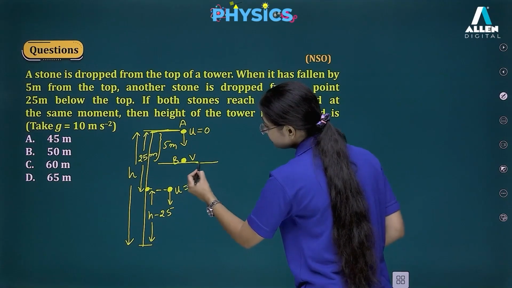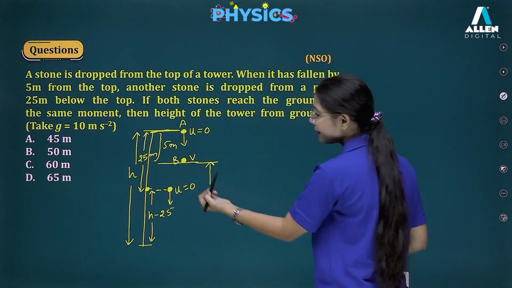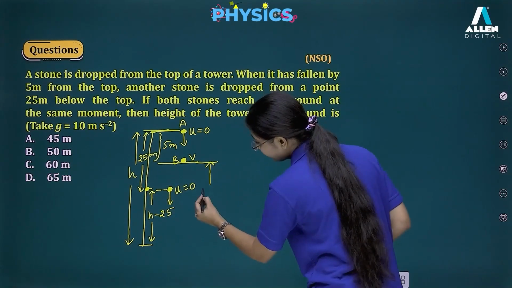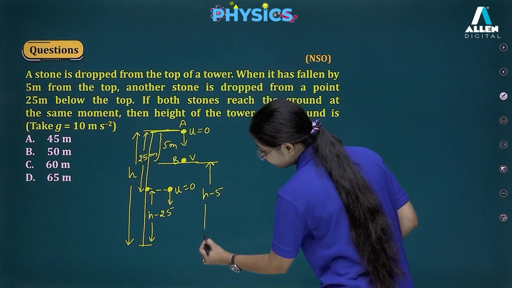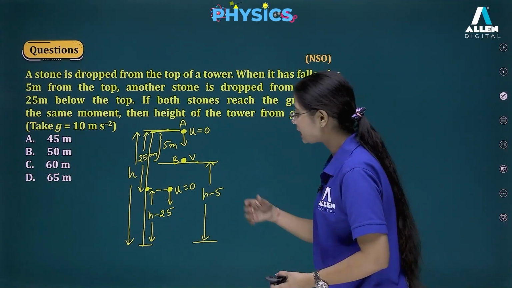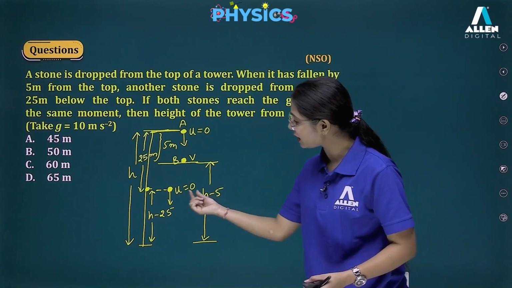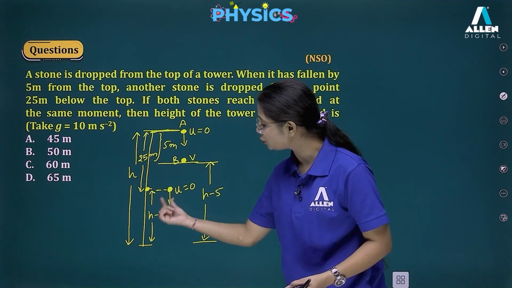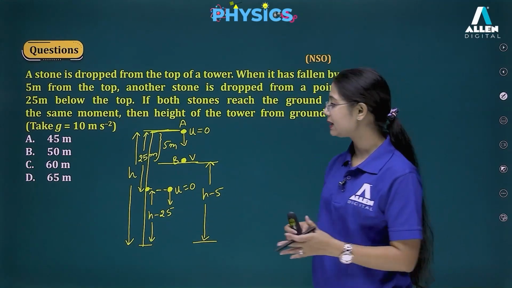And how much distance is covered by the stone 1? So, 5 meters it has already covered. So, it's h minus 5. And time taken to cover h minus 5 by stone 1 and h minus 25 by stone 2 will be same. So, let's find.